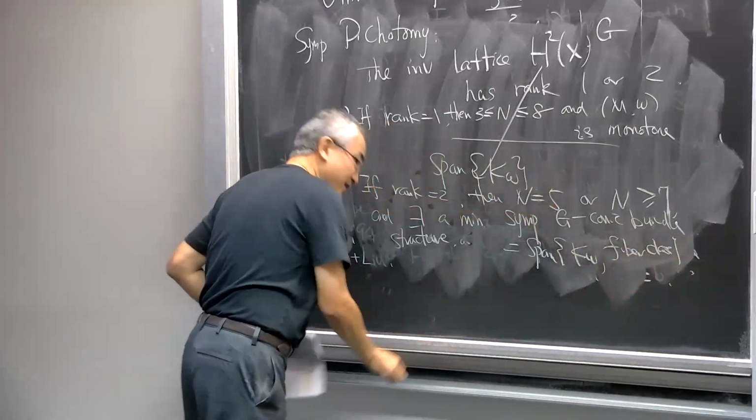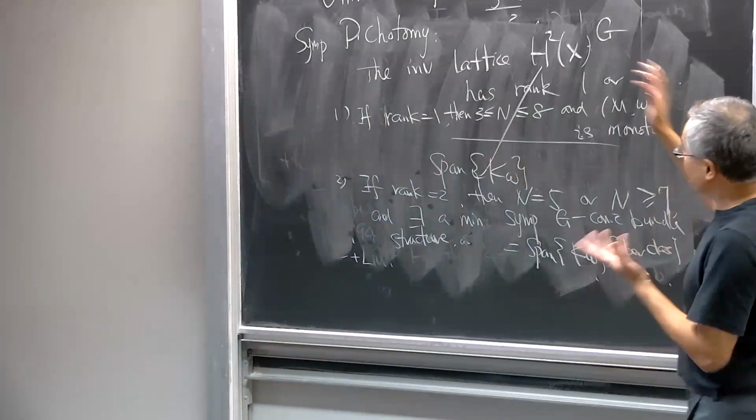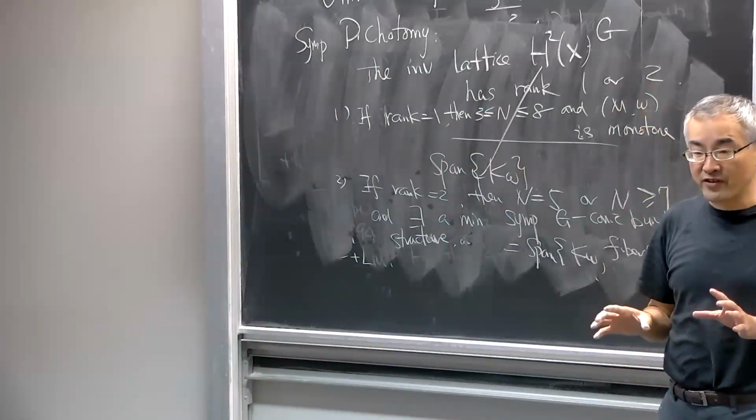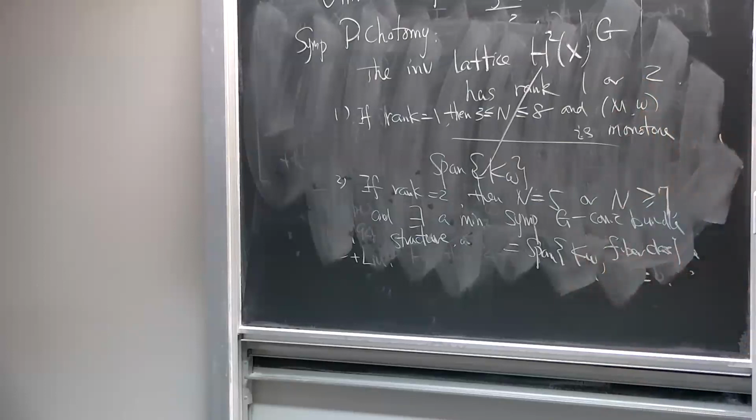I'll stop here and I want to make a comment. This result, you can state it in algebraic geometry, just replacing monotone by Fano. And in fact, that's exactly what is proved in algebraic geometry. They first have this dichotomy. They proved it using the equivariant Mori theory, equivariant MMP.